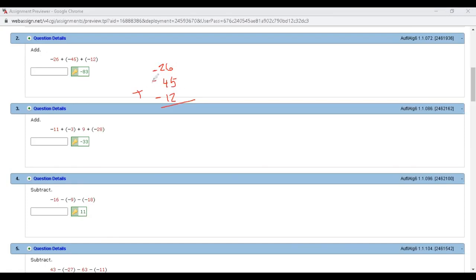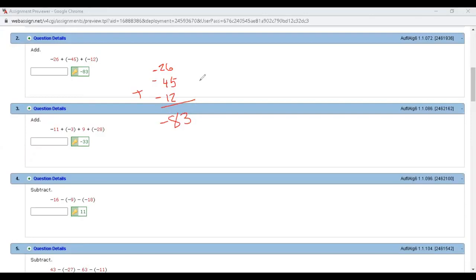You swipe your debit card for $45, so it's negative 45. Then you go to McDonald's and spend negative 12. You swipe that debit card one more time. So we're basically adding all of this negativeness. So that will be negative 83.